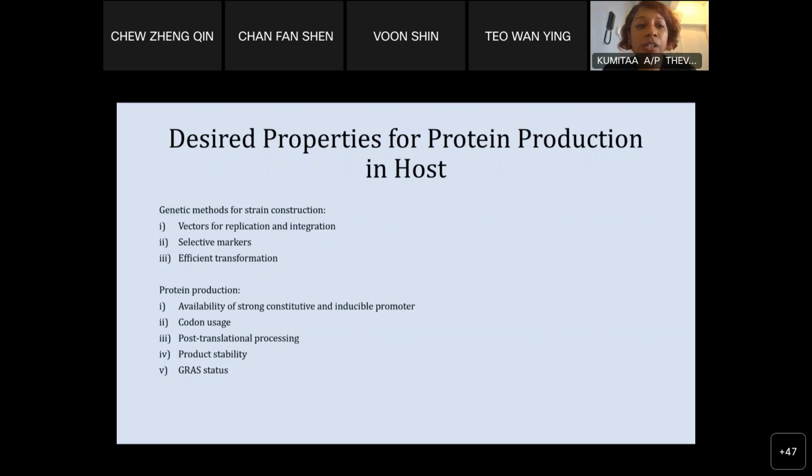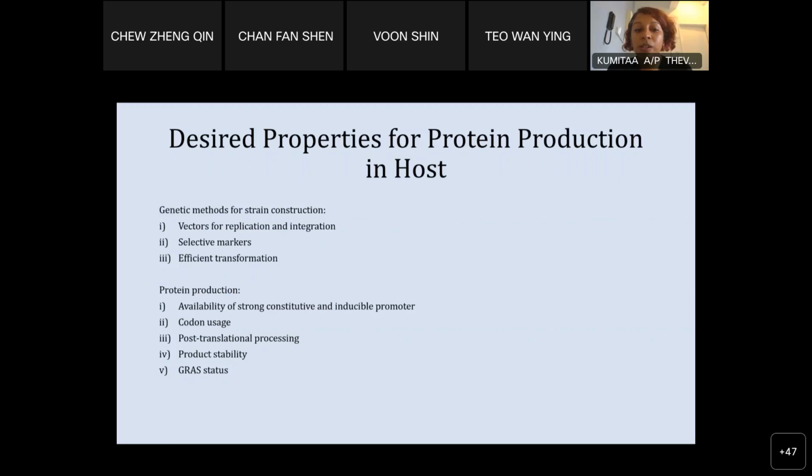Your protein production is also influenced by things like your promoter. We've seen lots of different types of promoters, and obviously some are able to give you more protein compared to the others. Codon usage as well. If you are trying to express a mammalian protein in a bacterial or prokaryotic system, obviously the codon usage would be a bit different.